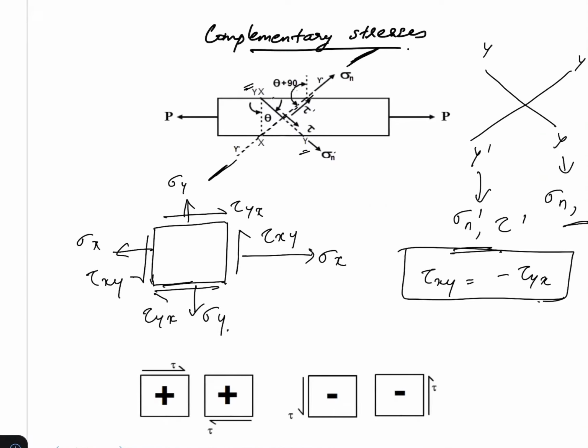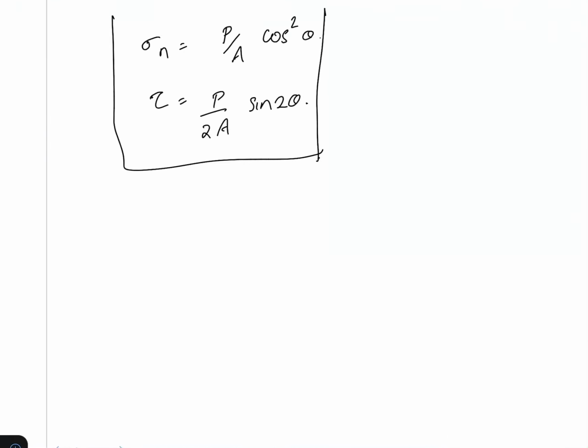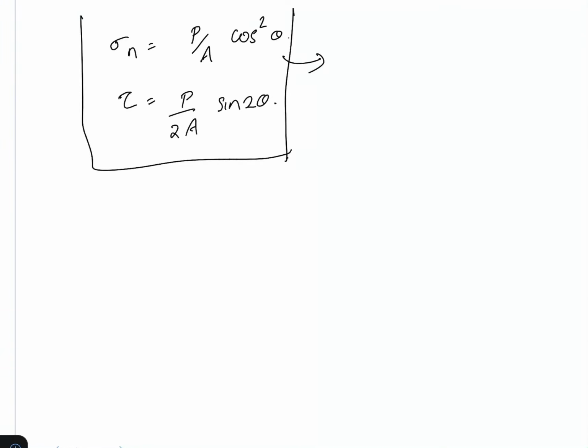Now we know that this complementary plane, this plane Y dash Y dash, is acting at an angle of theta plus 90 degrees. That is, if YY is acting at theta, then Y dash is acting at an angle of theta plus 90 degrees, perpendicular to the oblique plane YY. So for that complementary plane, theta becomes theta plus 90 degrees.